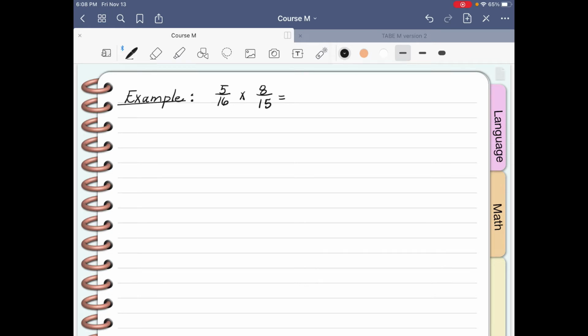So let me show you the first method. And I have had students who prefer this method, and that is okay. This method is to take top times top and bottom times bottom. So 5 times 8 is 40, and we have to multiply 16 times 15 over here. This is why we learn to do long multiplication.